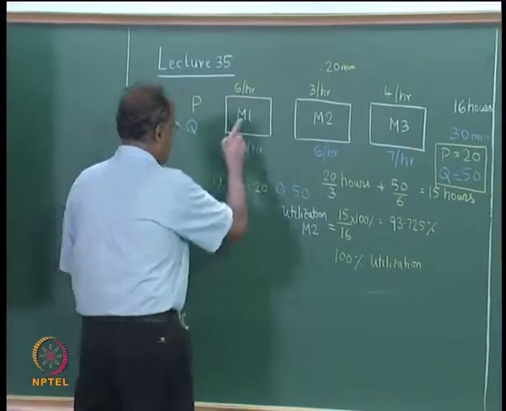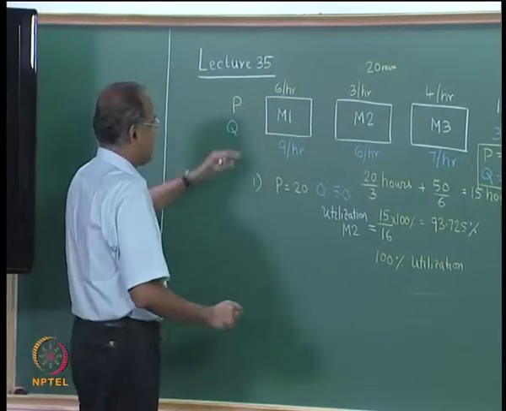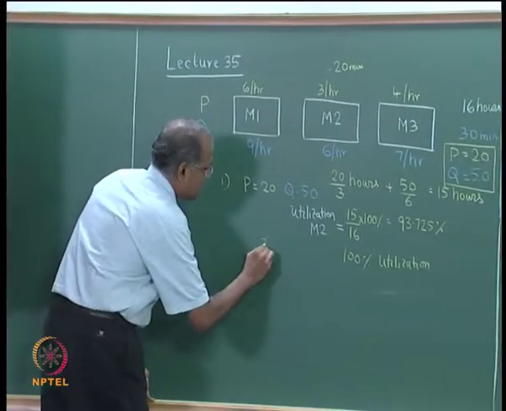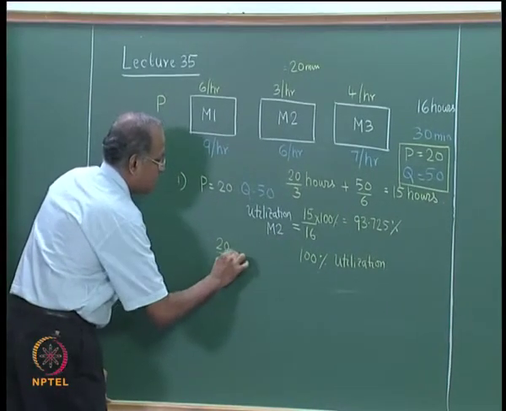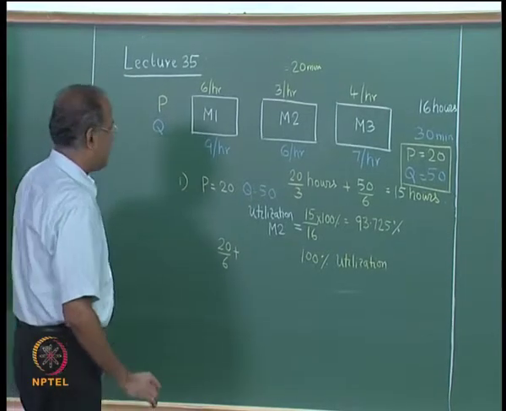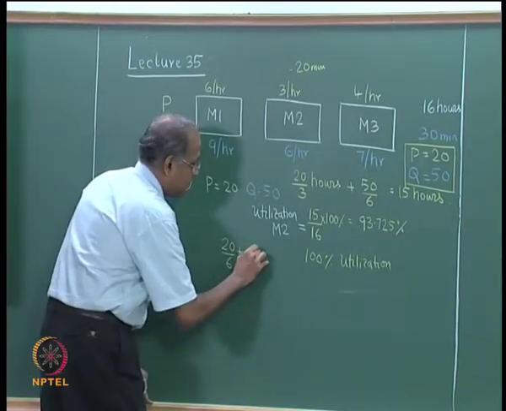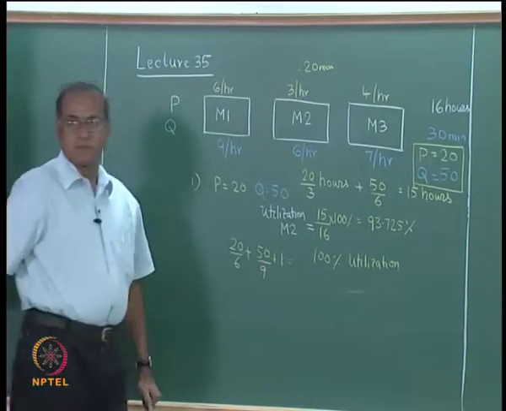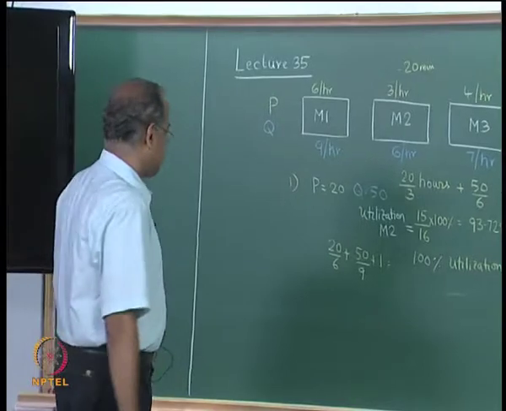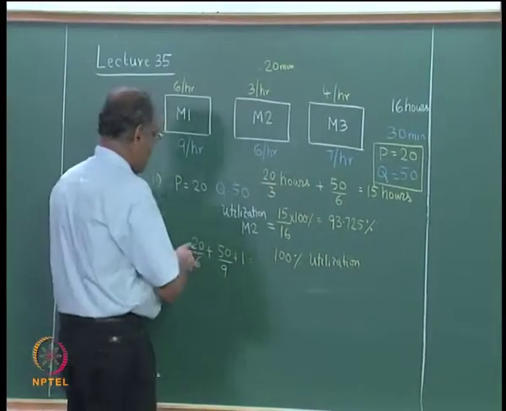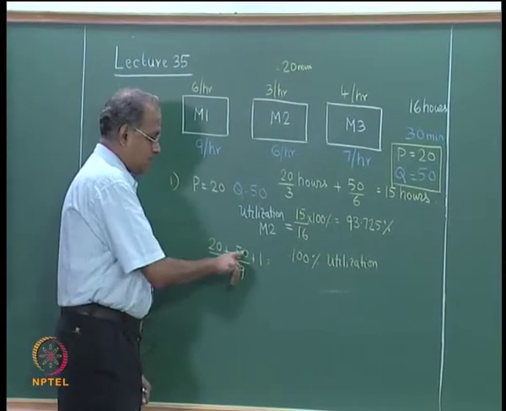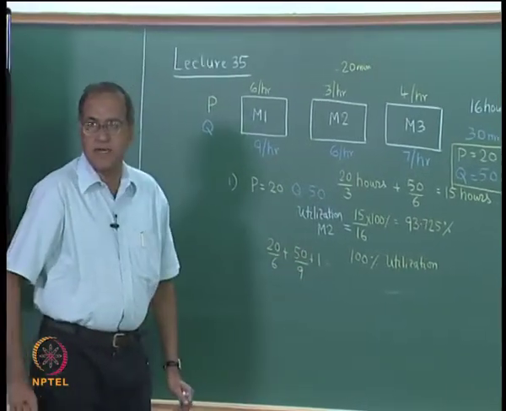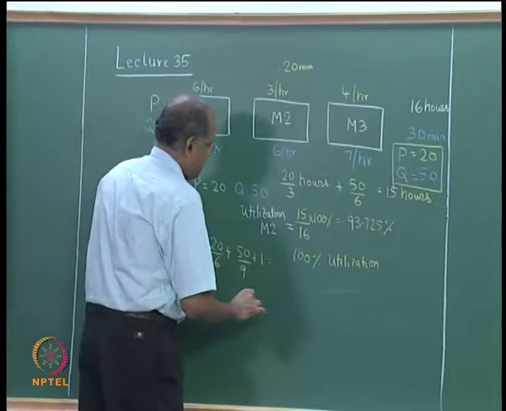Now, when we look at a non-bottleneck, the time taken on the non-bottleneck is 20/6 plus 50/9 plus 1 hour.